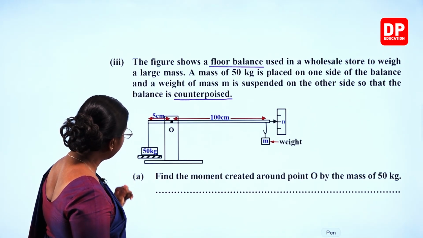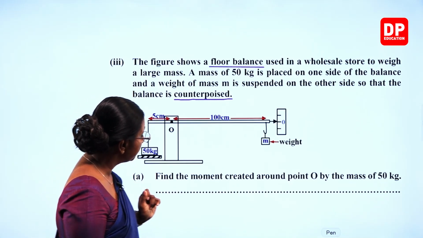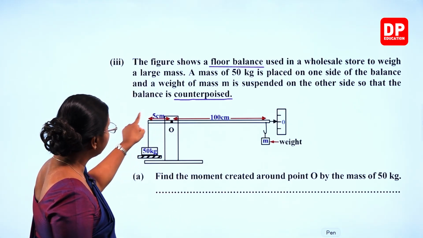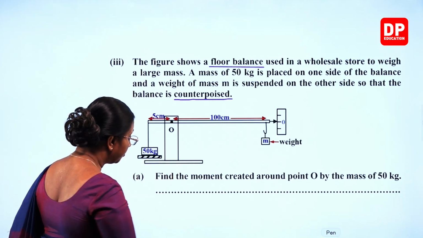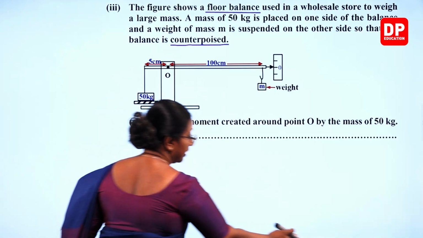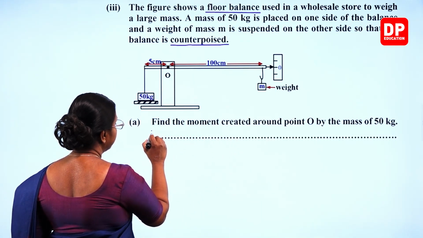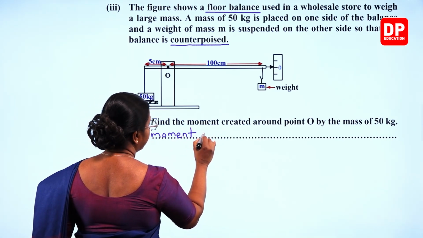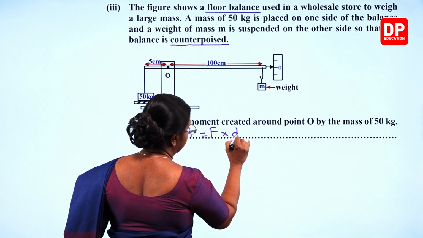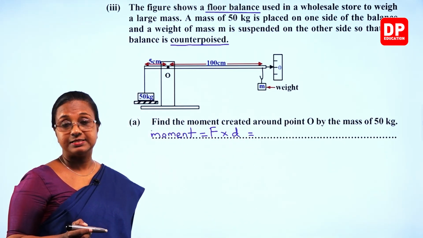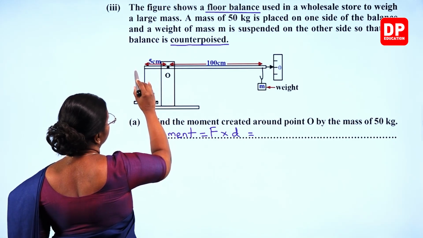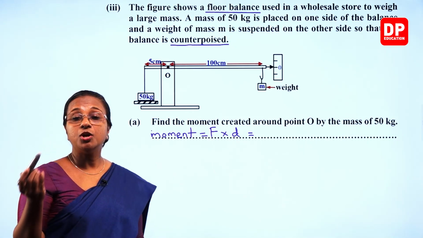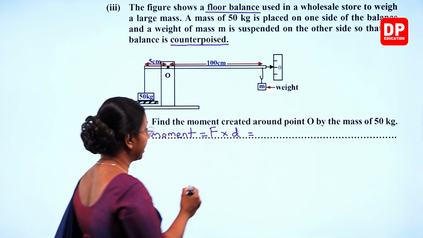So then if you look at the question A, find the moment created around point O by the mass of 50 kilogram. Moment is this side. So you all know the equation for moment, students. It is moment equals F into D. Force into distance from point O. So here the mass is given, 50 kilogram, but you all know force is mass into gravitational acceleration.